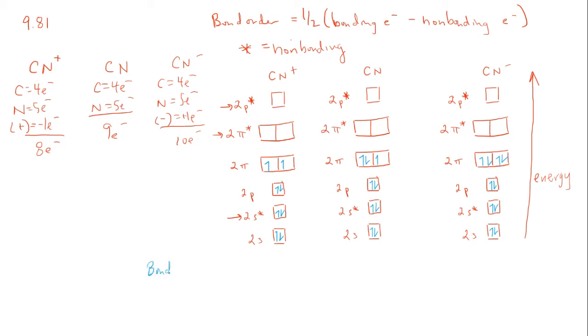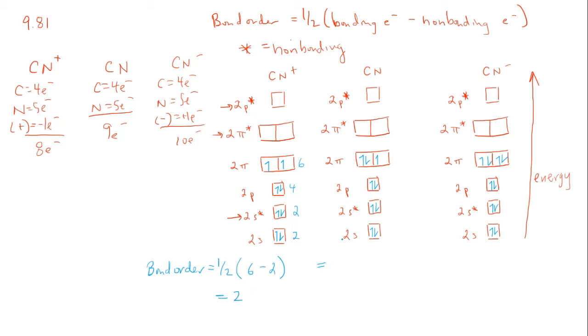For the cation, we have 2, 3, 4, 5, 6 total bonding electrons minus just 2 non-bonding electrons, so 6 minus 2 is 4. Half of that, our bond order for the cation is 2.